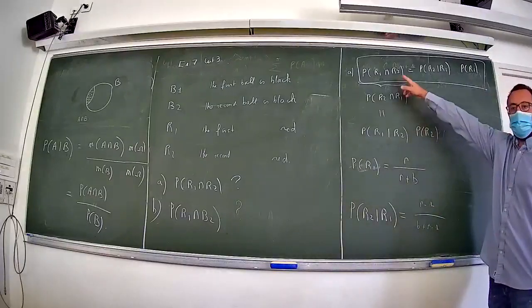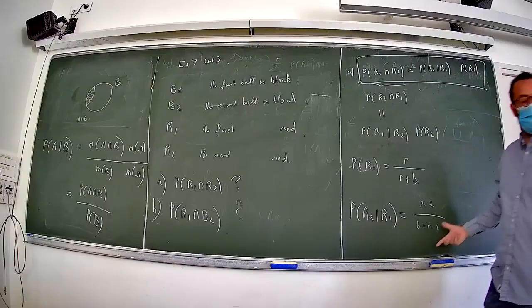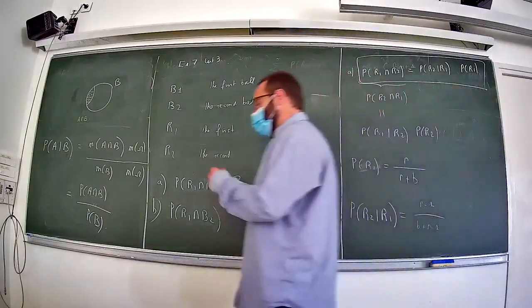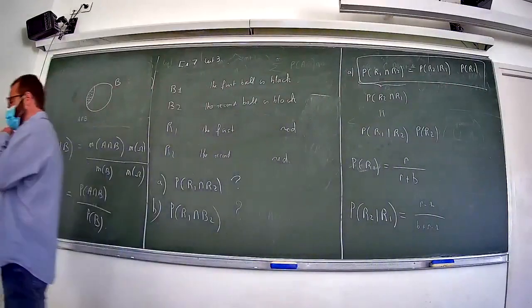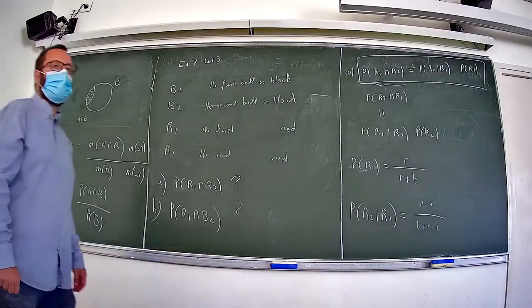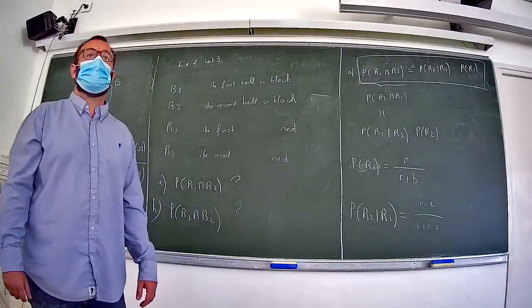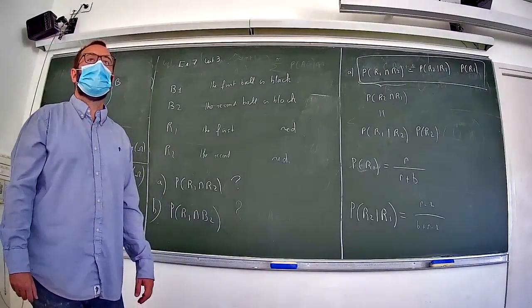And the probability I want to compute is just the product of this term and this term. Okay? The product of this term and this term. So it's not the only way to do it, but I think that it's the better way in order to explain it clearly, using the notion of conditional probability.